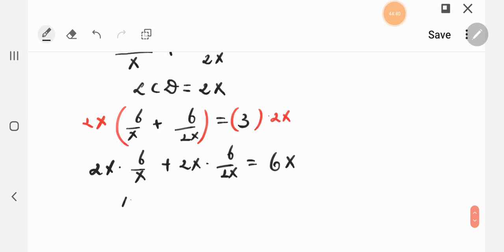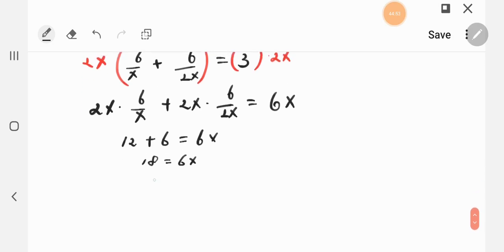So this is 12 plus 6, then 18 is equal to 6x. Then 18 over 6 is x. So x equals 3.